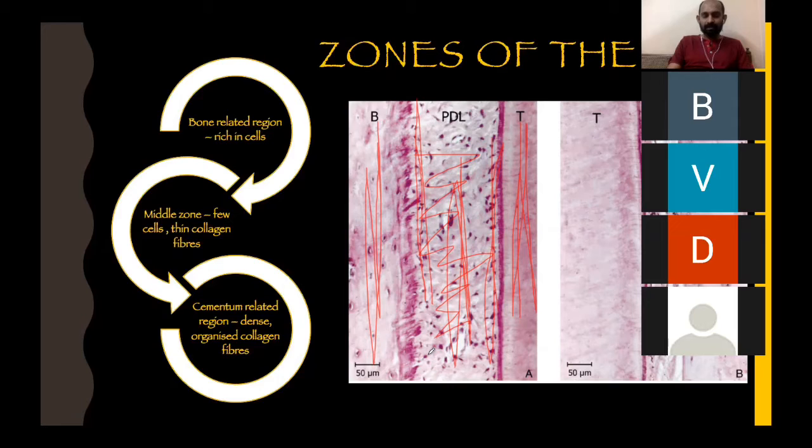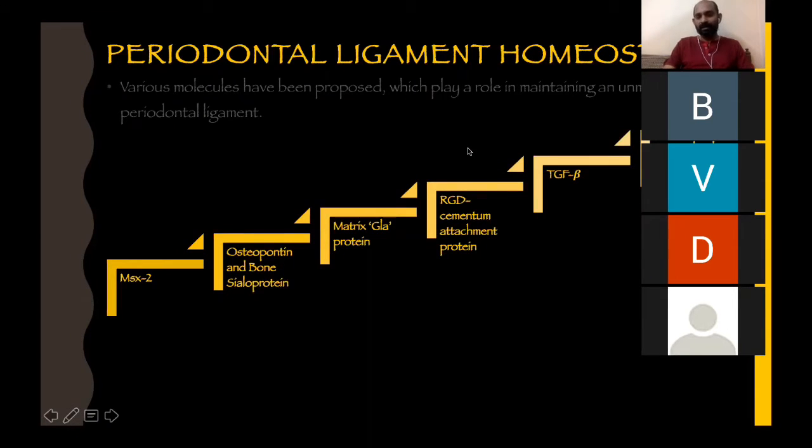We'll talk about the cells of the periodontal ligament shortly. Then there is a middle zone which has a lot of collagen fibers. Finally, a zone closer to the cementum, which is dense and collagenized. So these are the three different zones of the periodontal ligament.